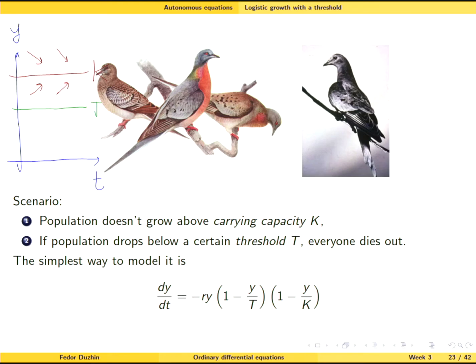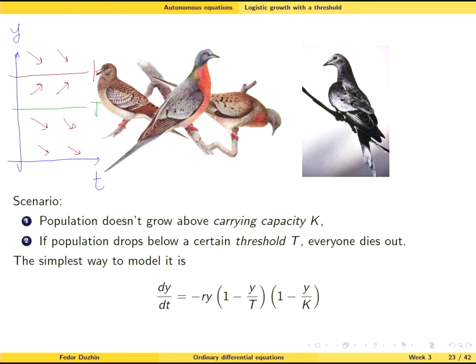But then not below T, because below T, all arrows also point downwards, which tells us that if the initial population is below T, then it's going to decline and the limit is going to be zero.